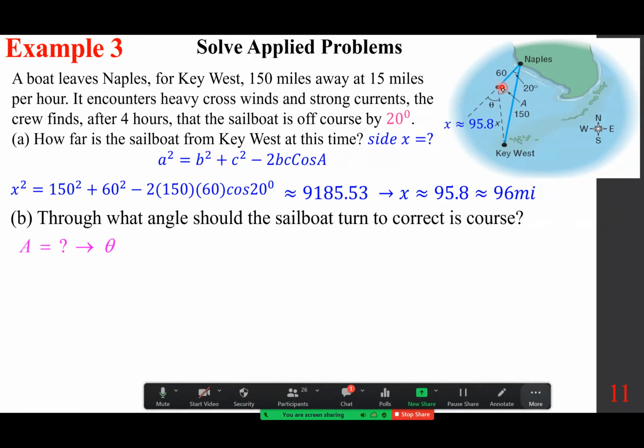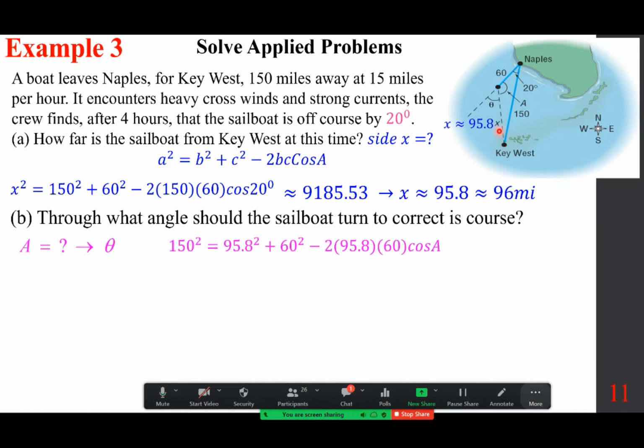So A squared, opposite this is A, so 150 squared equals the two sides squared, 60 squared plus 95.8 squared minus 2 times this number, and then cosine of the missing angle A. So 150 squared opposite the angle A.